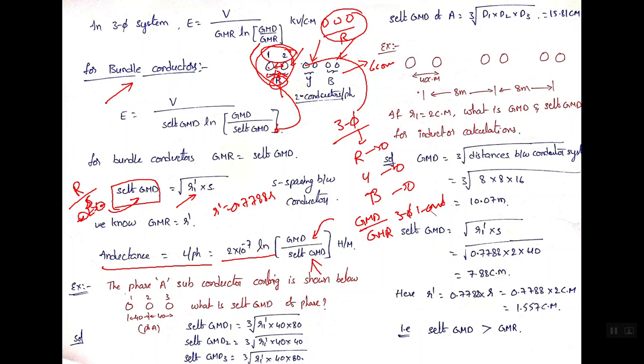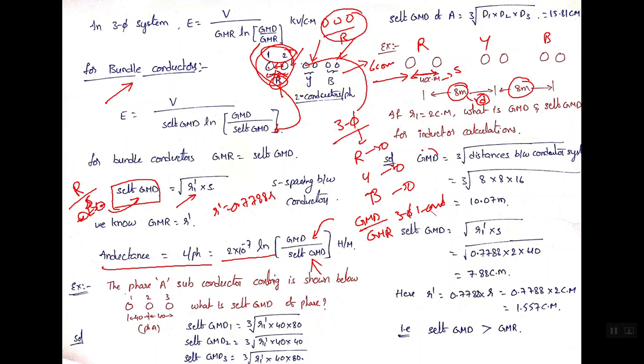Let us take a simple problem on this, then you will understand. Here the distance between the phases is given as 8 meters and 8 meters, and the distance between the two conductors is 40 centimeters. That means it is spacing S, and this is the distance D between the two phases. Here what is the GMD?